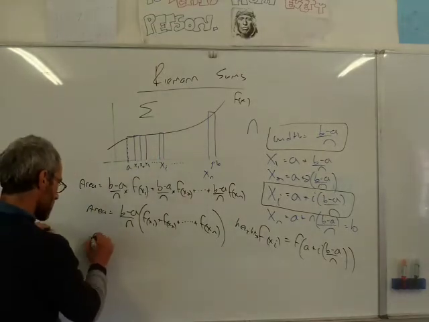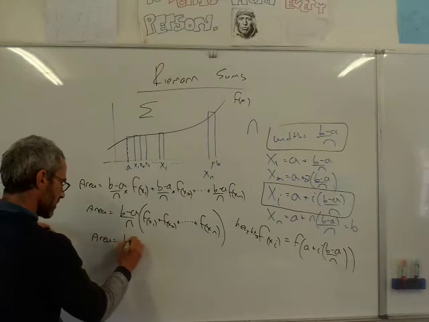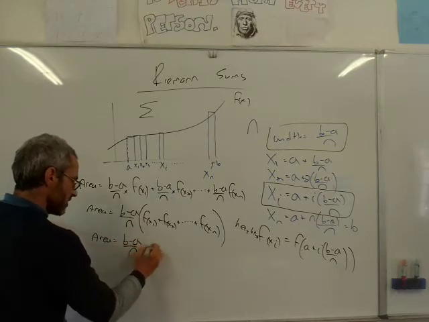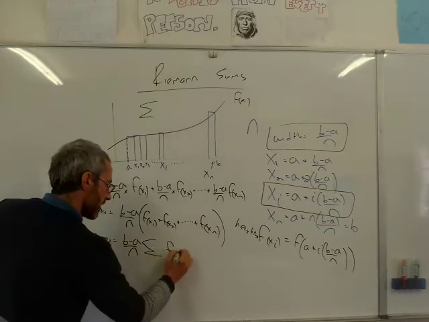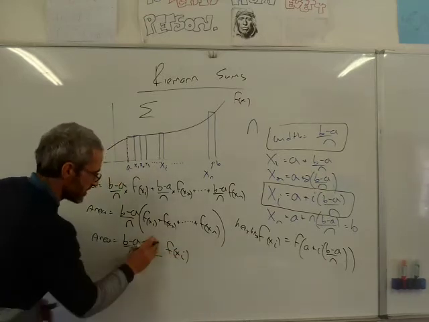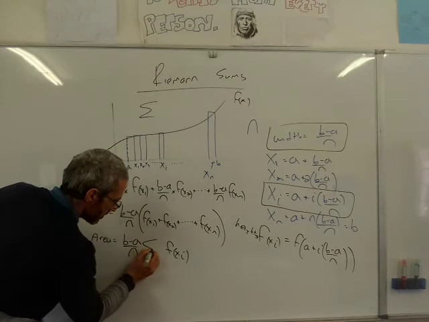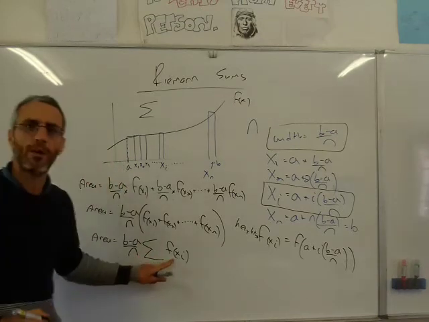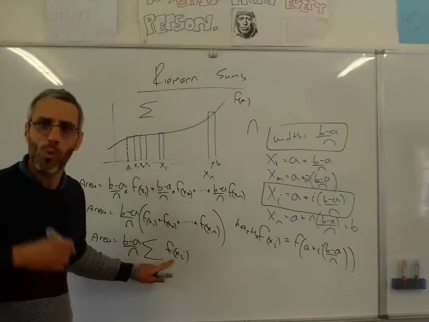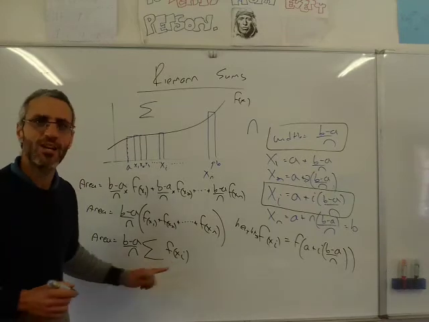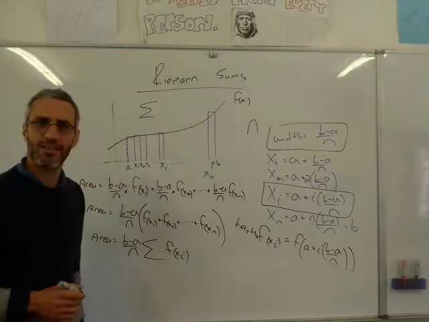So I'm going to write that one more time: (b minus a) over n times sigma f of xi. This sigma tells me to sum all the values, or the y values, the f of xi of all the x's here.